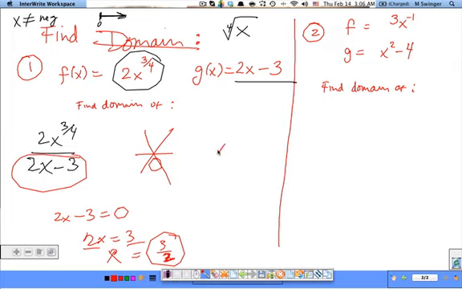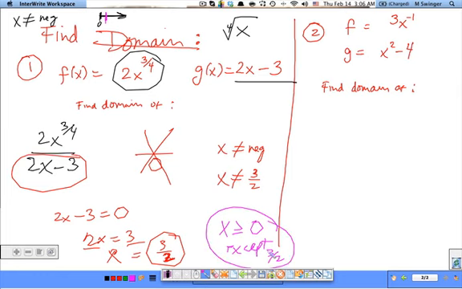So far we had x cannot be negative and x cannot be 3 halves, which means what's left over. So it can't be 3 halves, which on this number line we can just say it's right there. Can't be this. So basically what we have is x is greater than or equal to 0, except, just in the end, put except 3 halves.